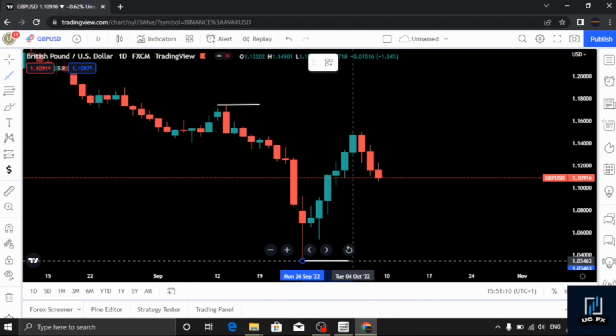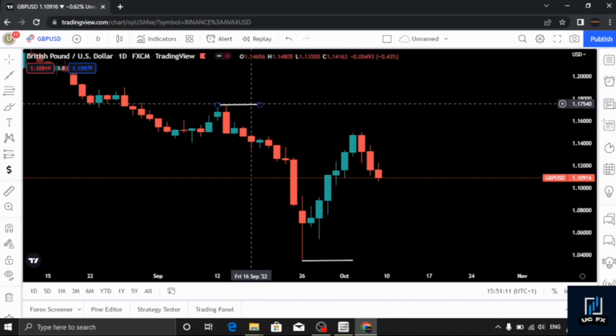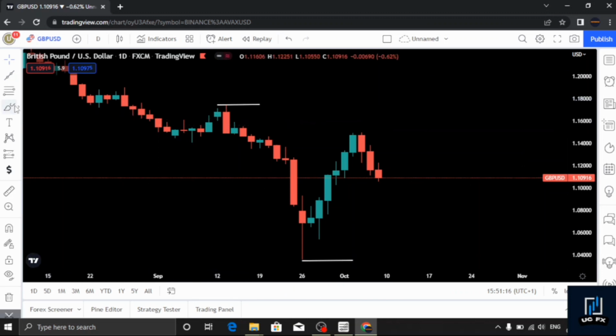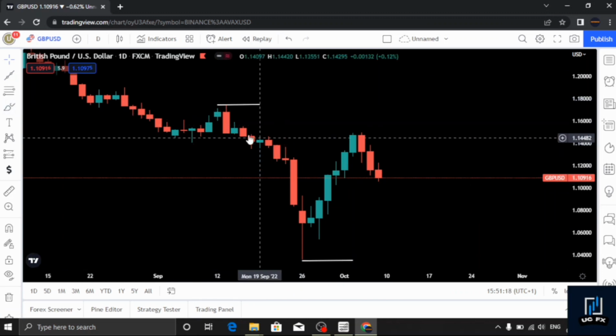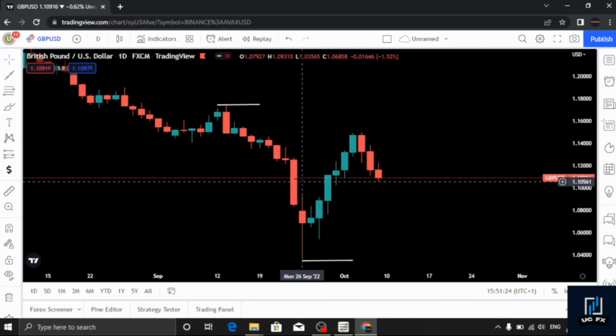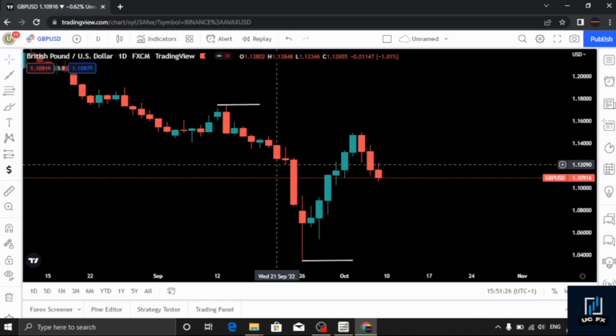Looking closely, we have our order block, as you can see. I know you'll be asking, why didn't we choose this place or this place, or why didn't this imbalance work? Okay, I can answer that.